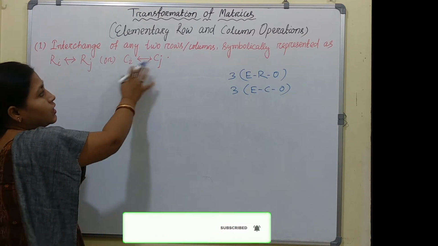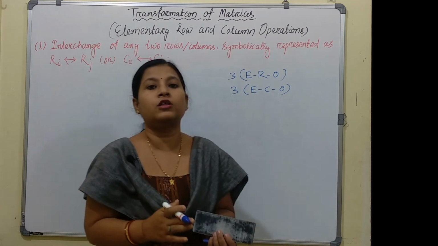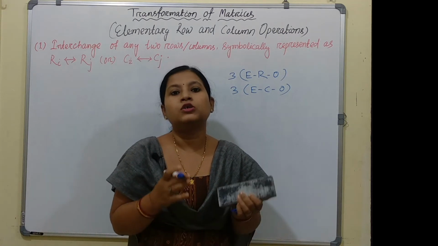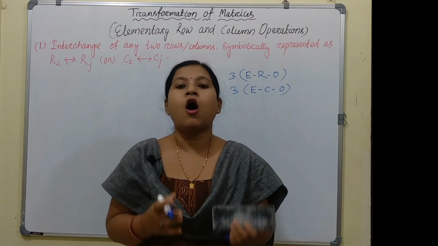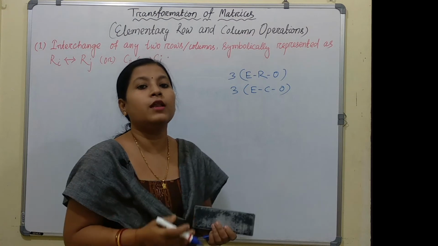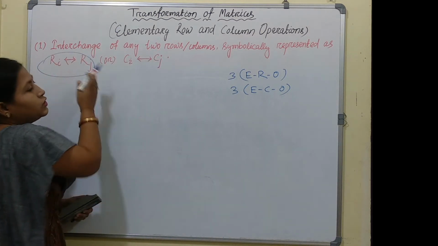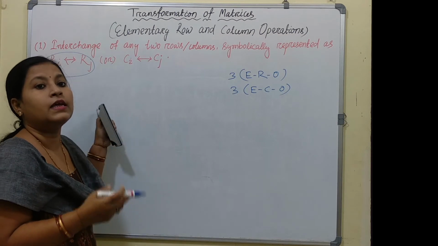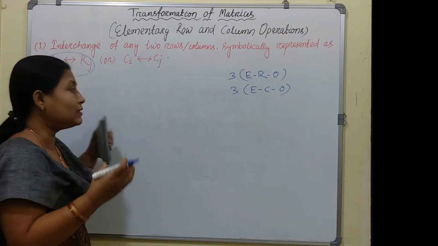So these are 2 operations. One is for row operation and the other is for column operation. Here we can interchange any 2 rows or any 2 columns. Symbolically it is written as Ri interchange with Rj, meaning we can interchange Ri with Rj.